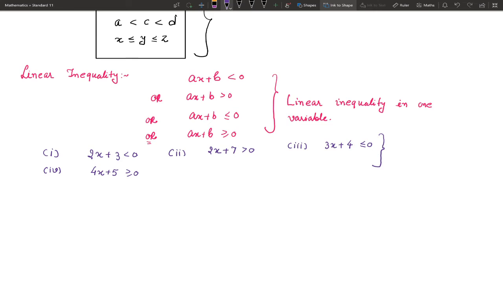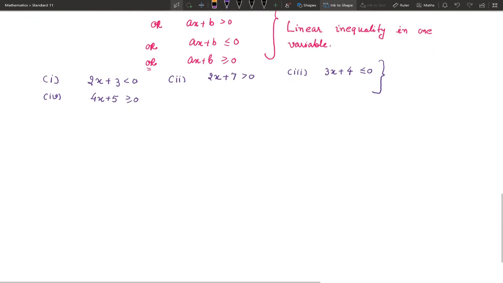All these four are linear inequality in one variable. So due to the word linear, maximum power of variable x is 1.